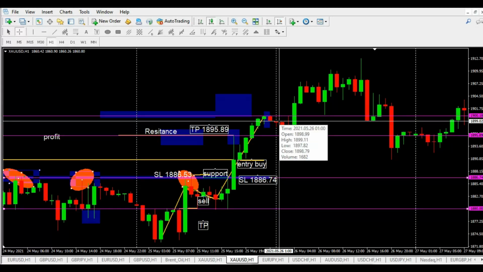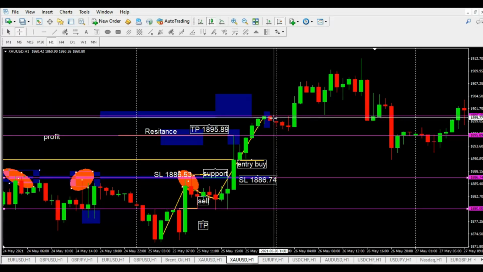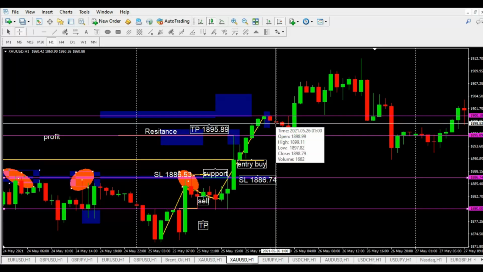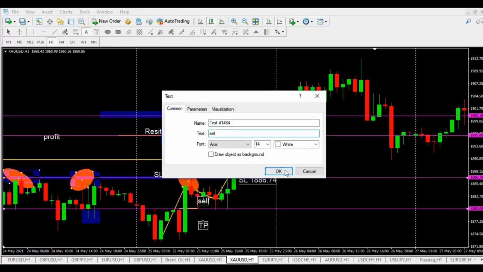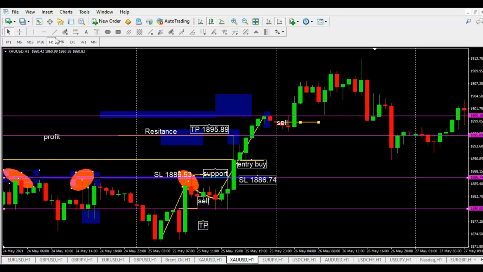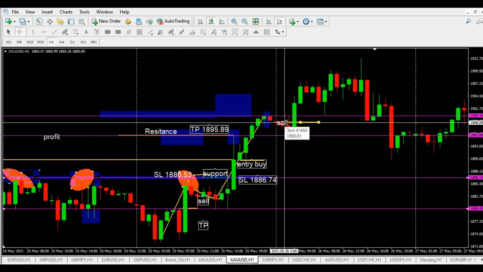But to make sure of that position, we need one confirmator, and then we can enter after the confirmator comes. We can enter sell here.